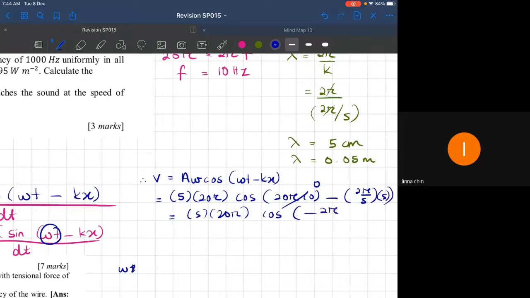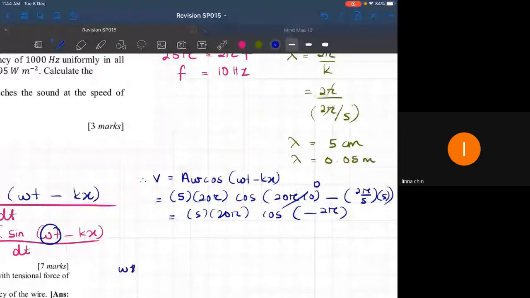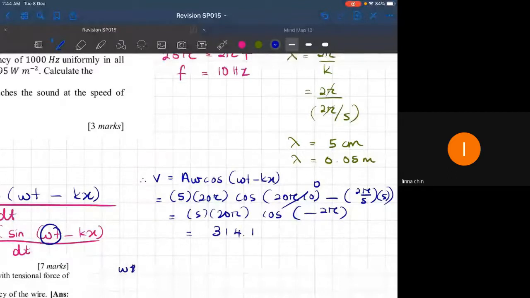Kot. Okay, so kalkulator kamu dalam mode radian. So cos darab 5 darab 20 pi. So you get your answer to be 314.16.